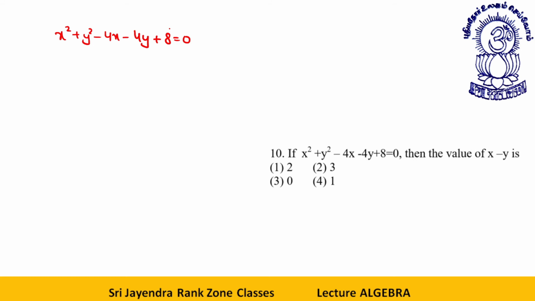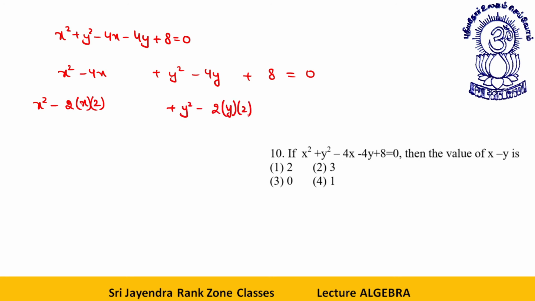Can I write it as x square minus 4x plus y square minus 4y plus 8 is equal to 0? This is written as x square minus 2 into x into 2, plus y square minus 2 into y into 2, plus this 8, which I can interpret as 4 plus 4 or 2 square plus 2 square.